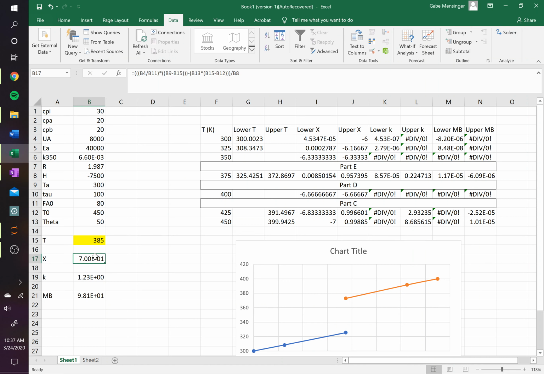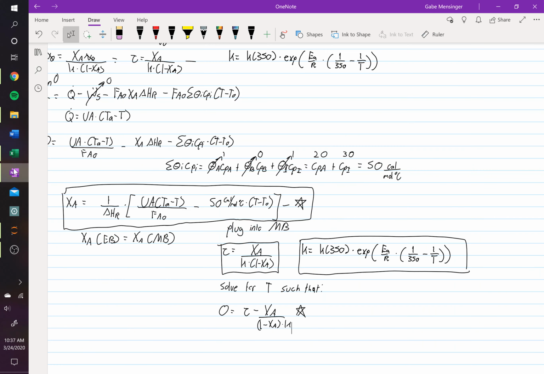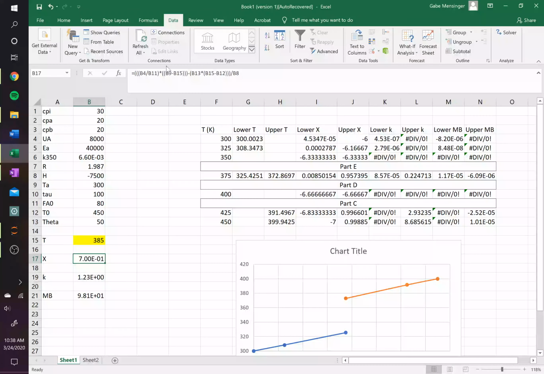So right here, I have our expression for the energy balance, the conversion of the energy balance. Here, I can put it in to show you. Let me just get rid of everything.